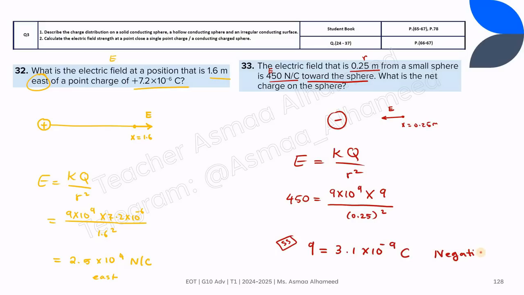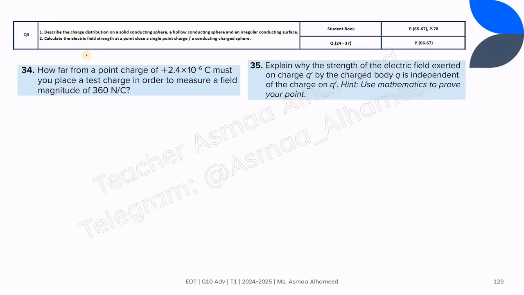Next question, how far, we are asking for r, from a point charge, which is this much, this is my Q, must you place a test charge in order to measure a field of this much? So here we say E is equal to kQ over r squared.